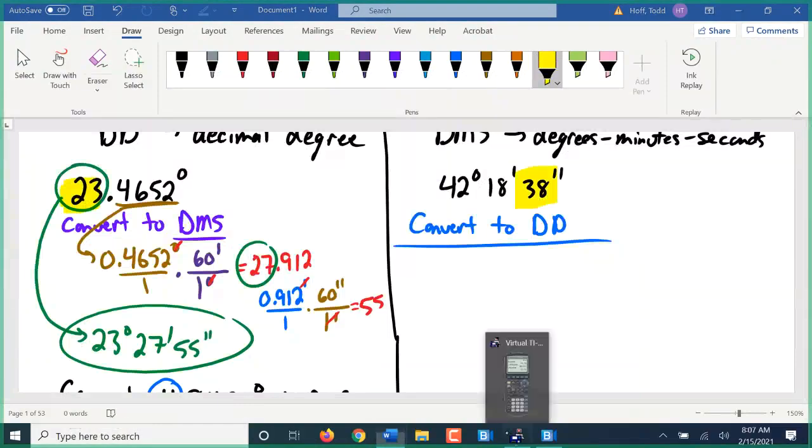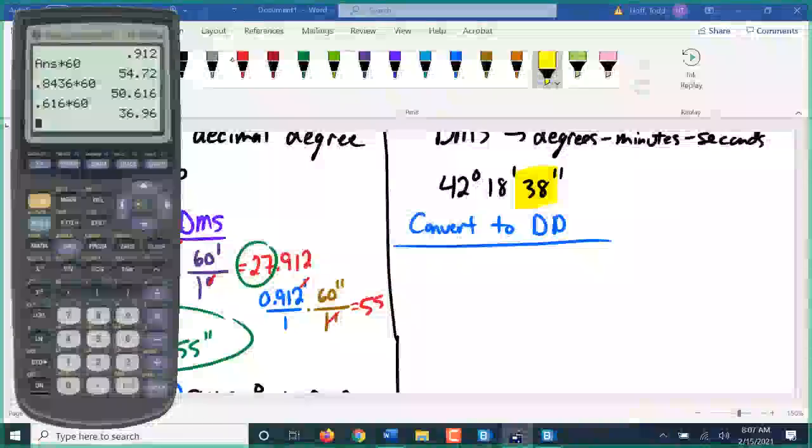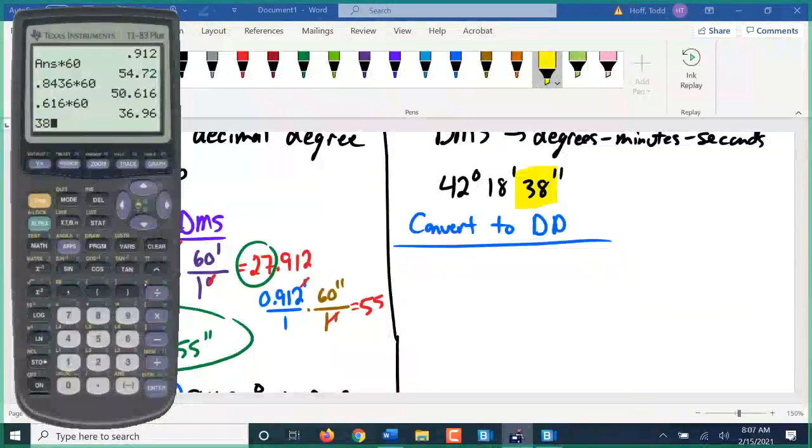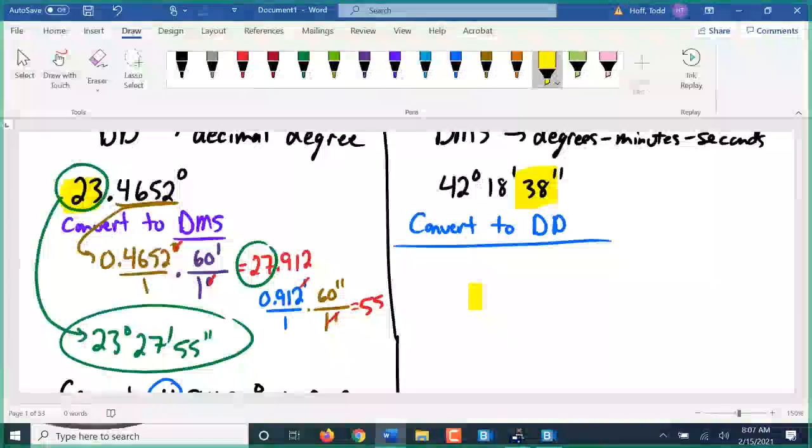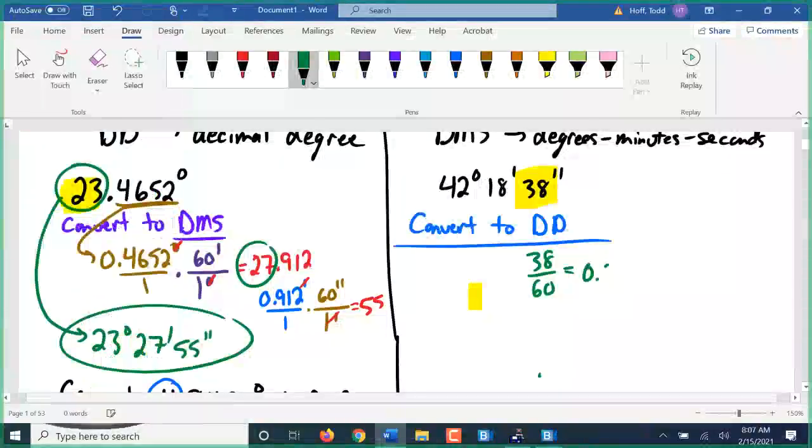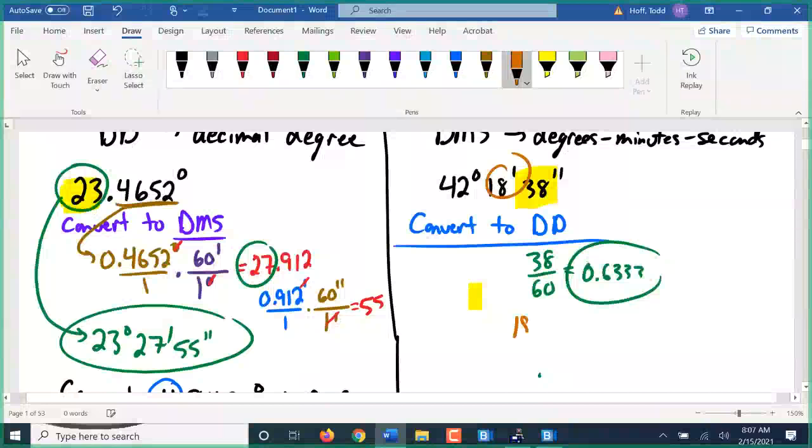We're going to start with that 38. 38 divided by 60, convert it into minutes. Now I'm going to add that to the 18 minutes I already have to give myself 18.6333.